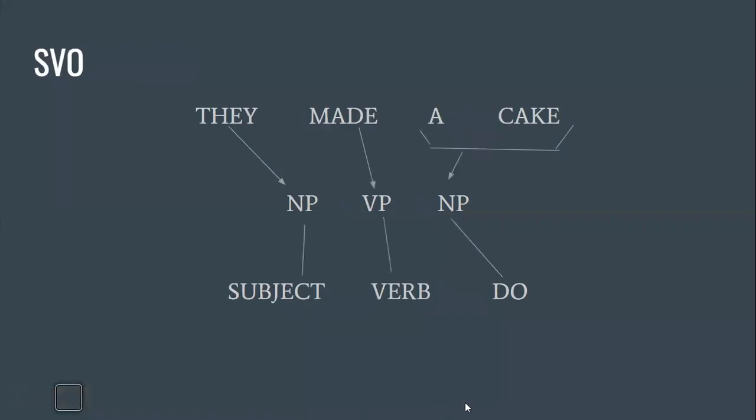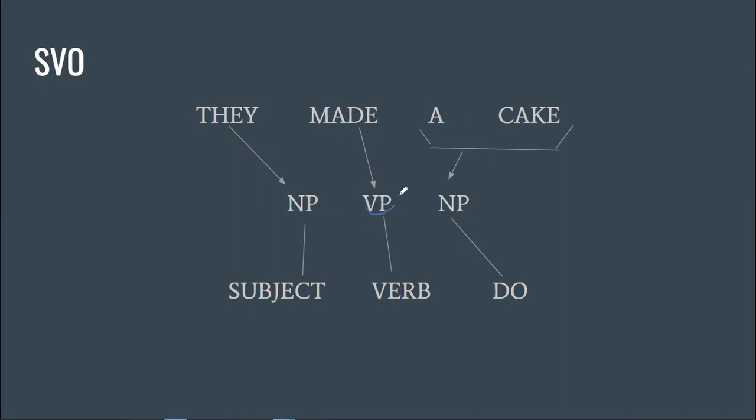Let's see SVO. We have, they made a cake, right? We have "they," which is a noun phrase. It can be Mary and John, which is acting as a subject. So we have S. Then we have "made," which is a monotransitive verb in this case.